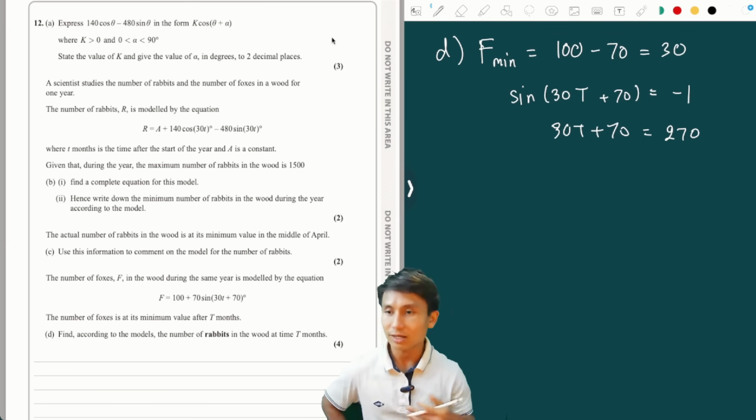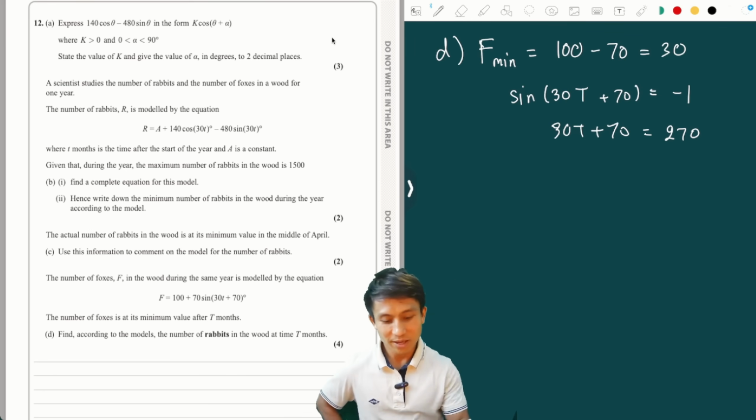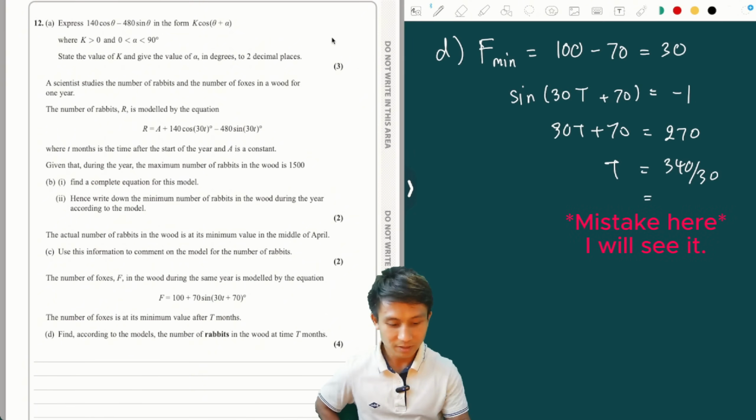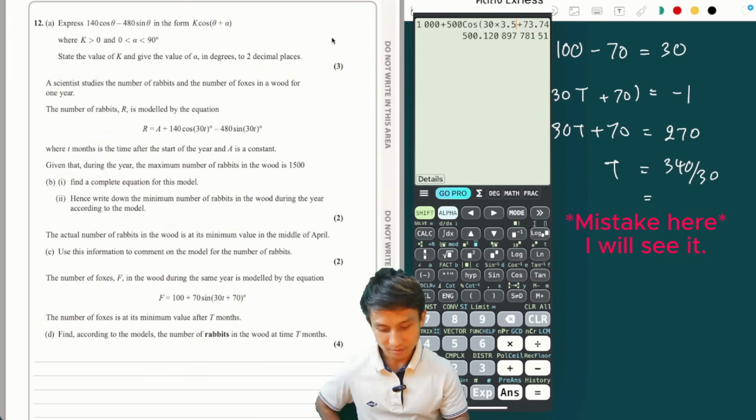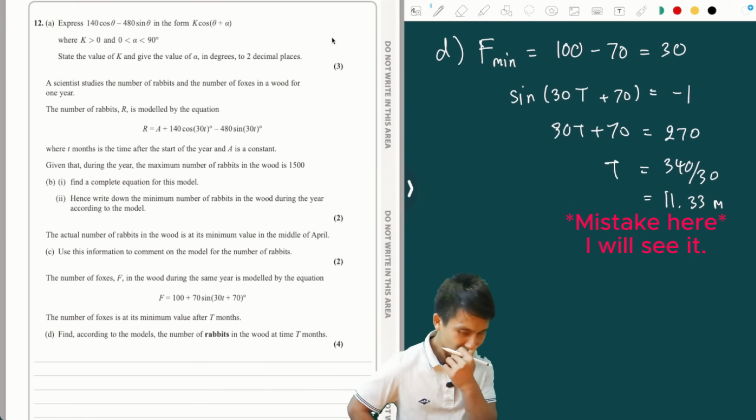If you plug it in the calculator, sine 270 is -1. So that means t here is 340 divided by 30, that's about 11.33 months. So that's almost the end of the year.